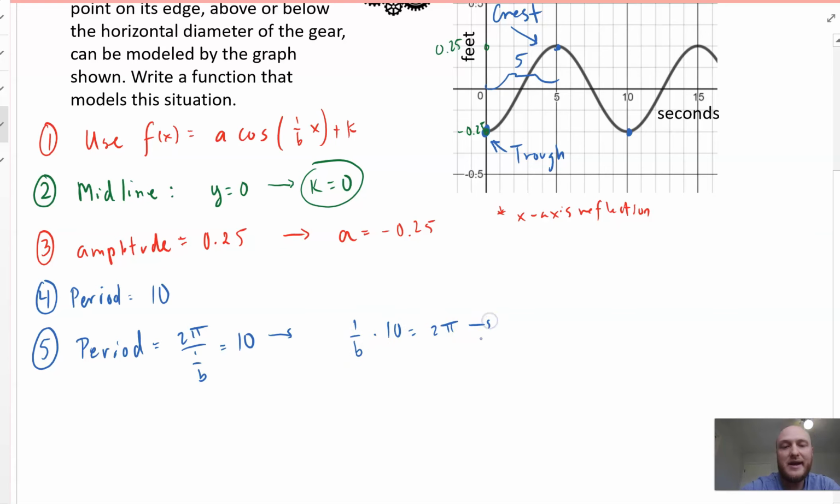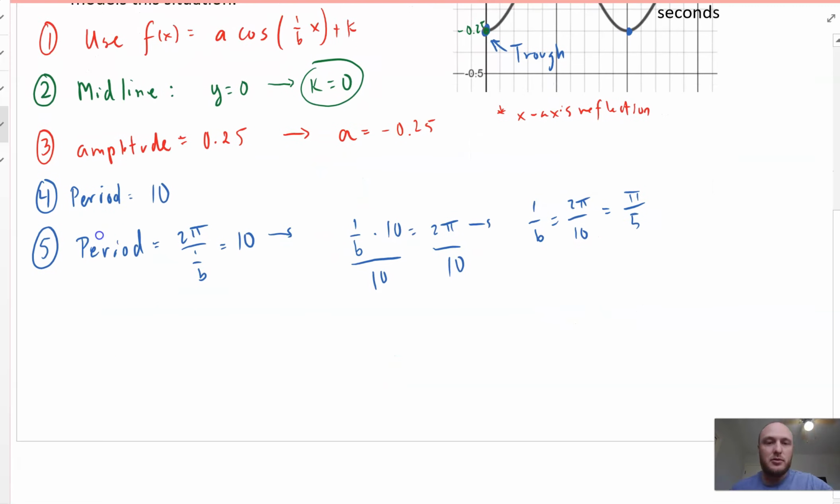And then divide both sides by 10. Okay, so 1 over b is equal to 2 pi over 10, and we can reduce by 2 top and bottom, meaning that our 1 over b value is pi fifths.